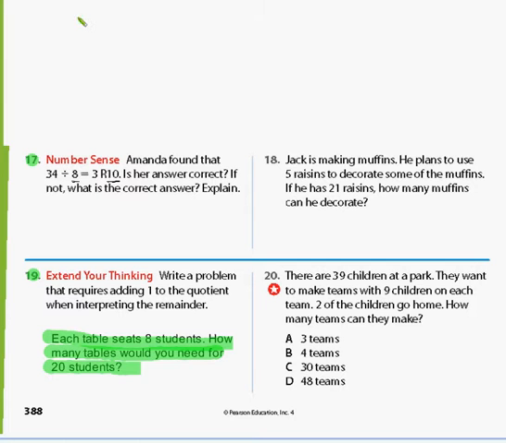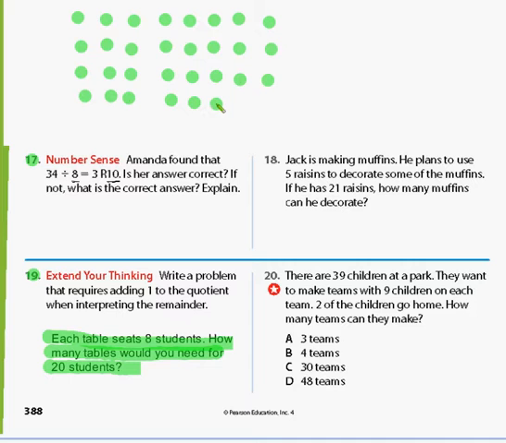So that's 1, 2, 3, 4, 5, 6, 7, 8, 9, 10, 11, 12, 13, 14, 15, 16, 17, 18, 19, 20, 21, 22, 23, 24, 25, 26, 27, 28, 29, 30, 31, 32, 33, and 34.